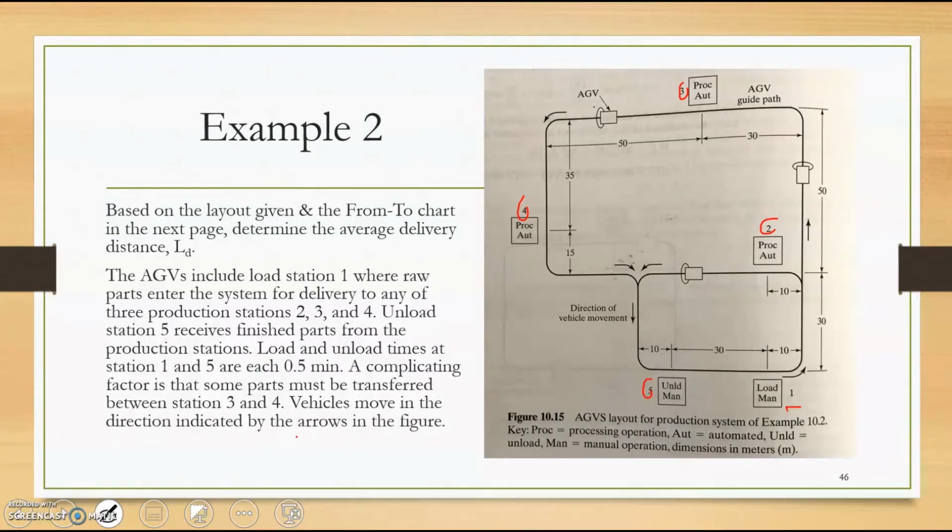Based on the layout given and the from-to chart on the next page, please determine the average delivery distance, LD. There is a specific formula for that. Before that, let's read the following statement first. The AGV system includes load station 1, where raw parts enter the system for delivery to any of 3 production stations, 2, 3, and 4.